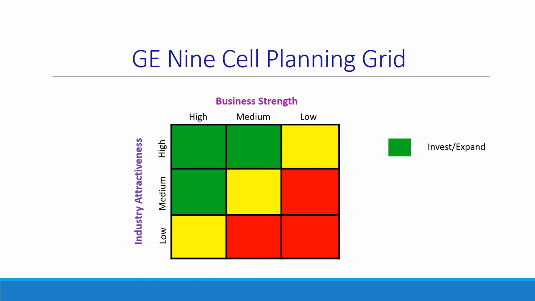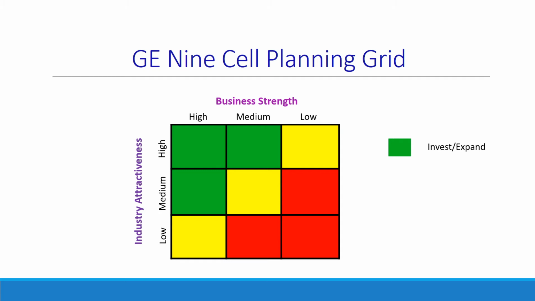In the high attractiveness and average strength cell, an organization can grow, but it may become dangerous for it if it does not build strength in its business. And in the third case, the most realistic situation for growth, the industry attractiveness is medium and the business strength is also medium.